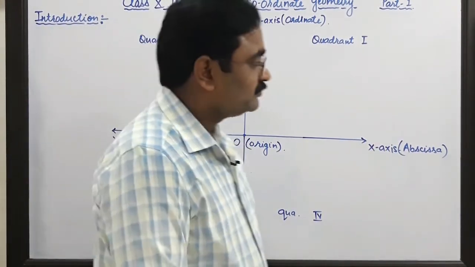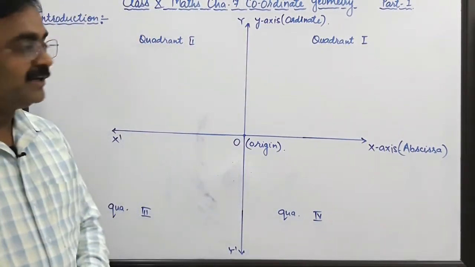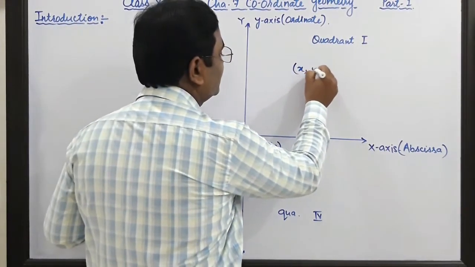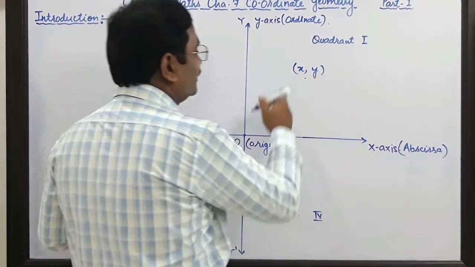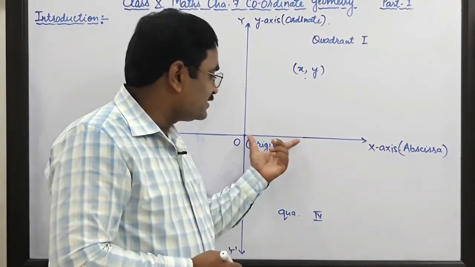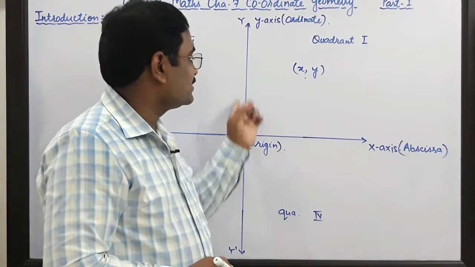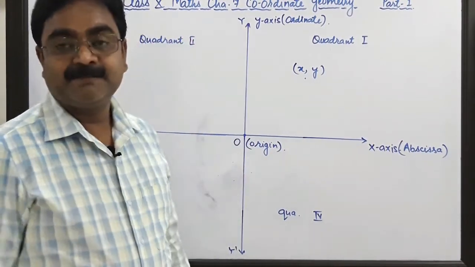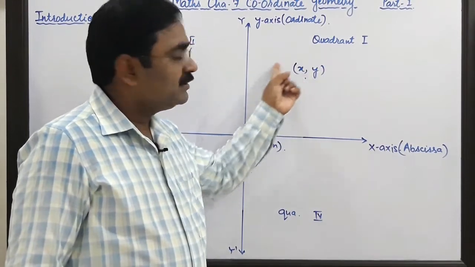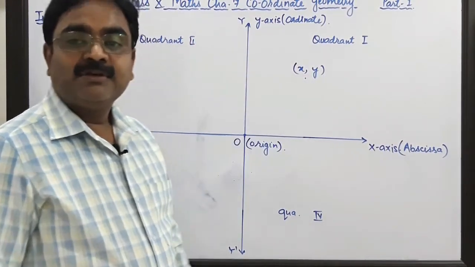That point is always written in the form (x, y), where x is the distance on the x-axis and y is the distance on the y-axis. That's why we always take an ordered pair of numbers, right?